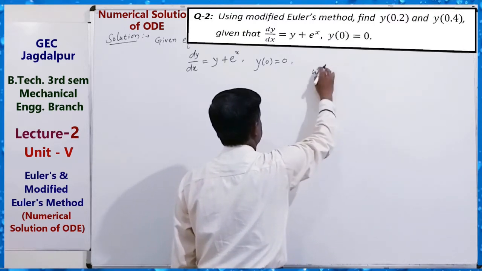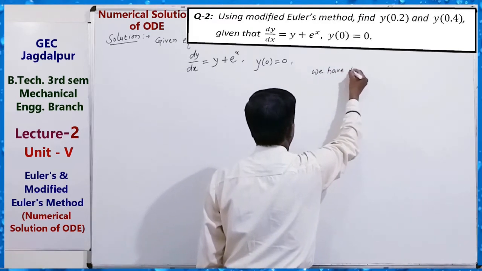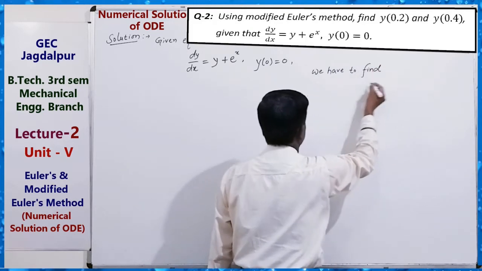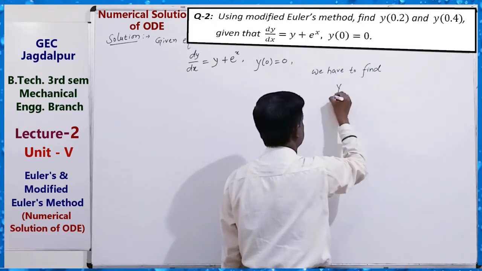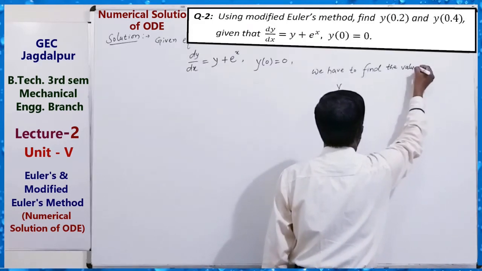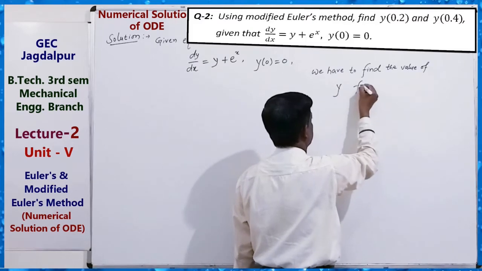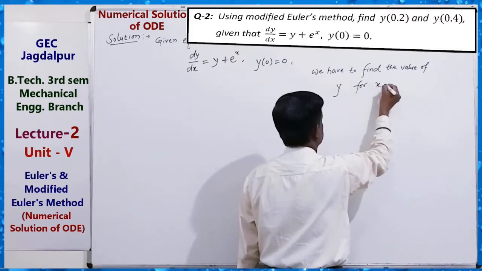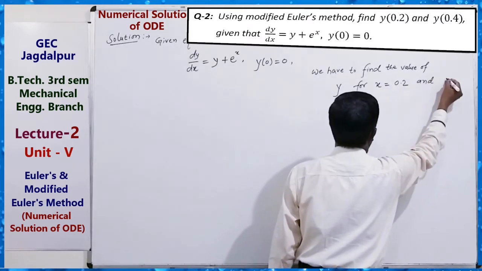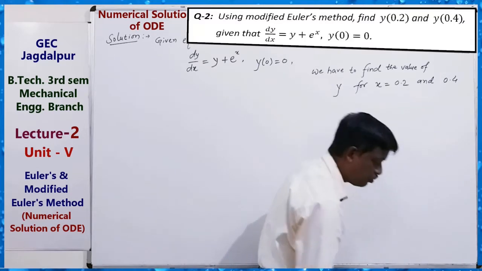Just we have to find the value of y for x equals 0.2 and 0.4.